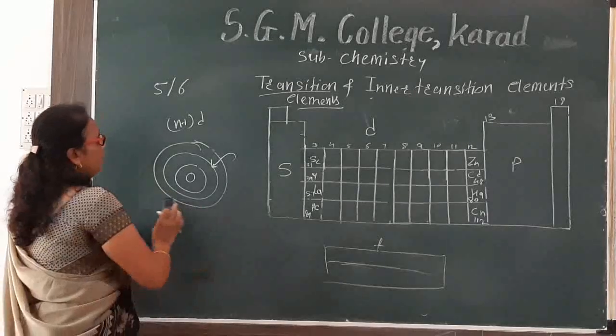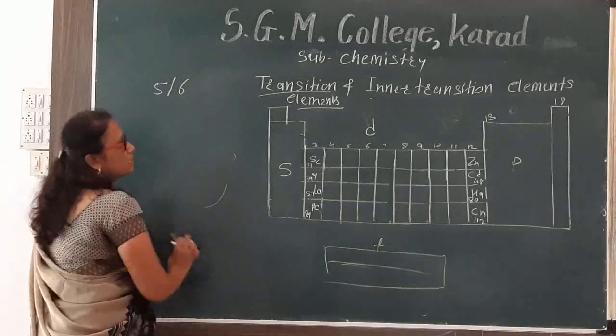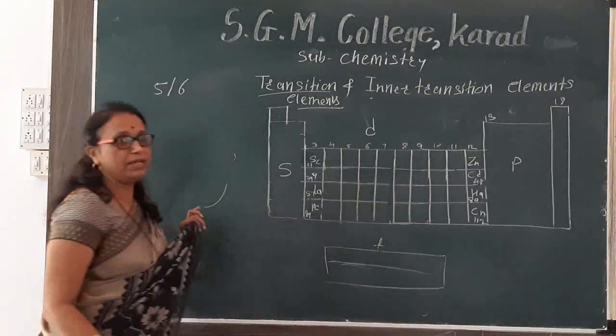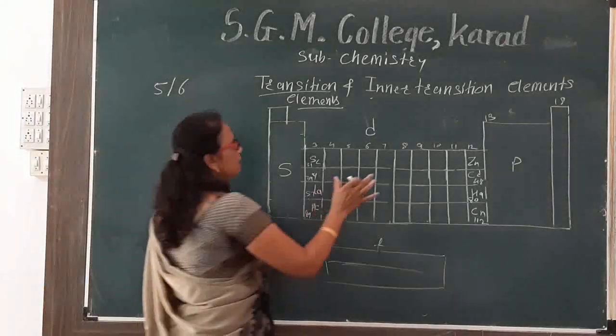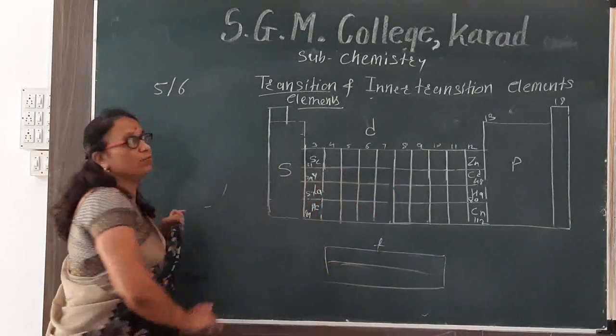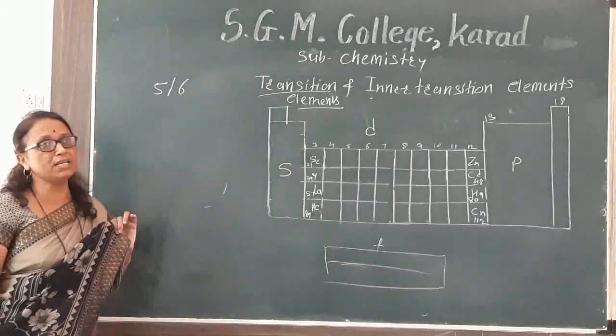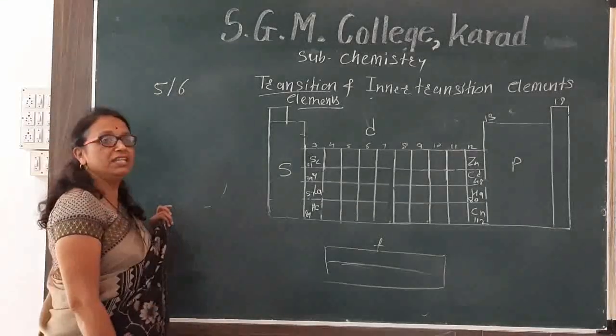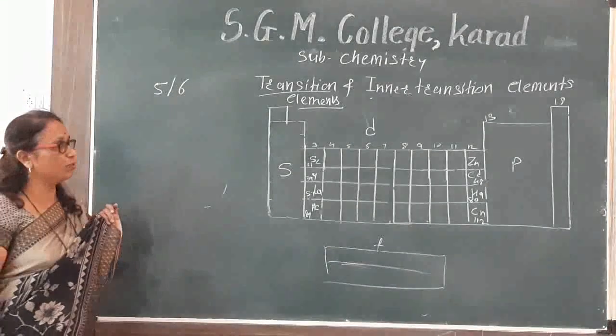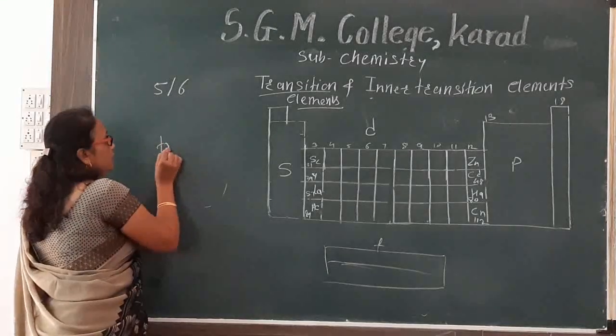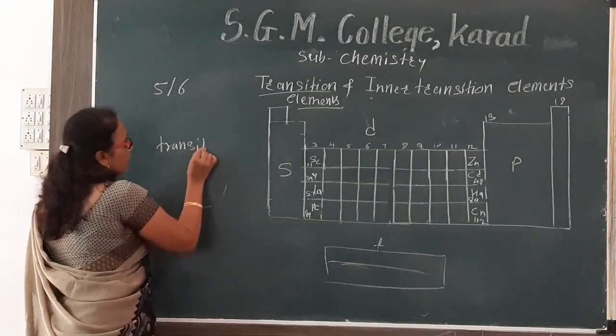All the transition elements are d block elements because they are placed in this middle portion, and the last electron enters the (n-1) d orbital, where n is the valence shell or outermost shell. Then what are transition elements?